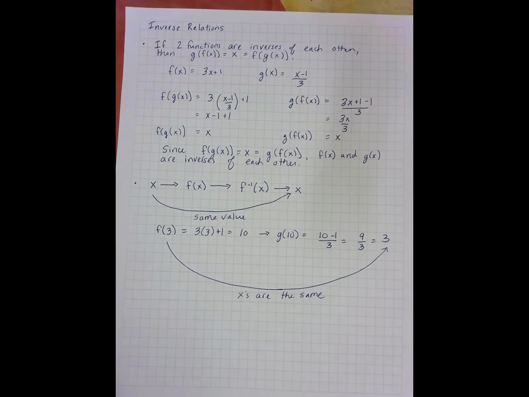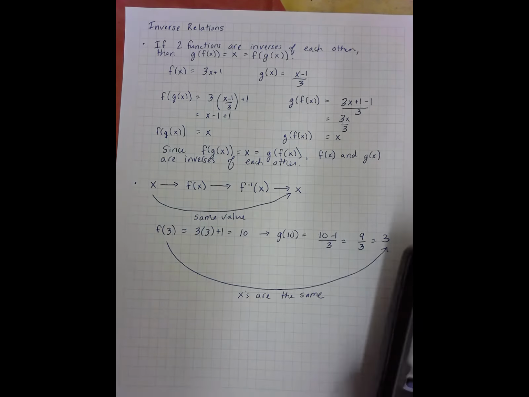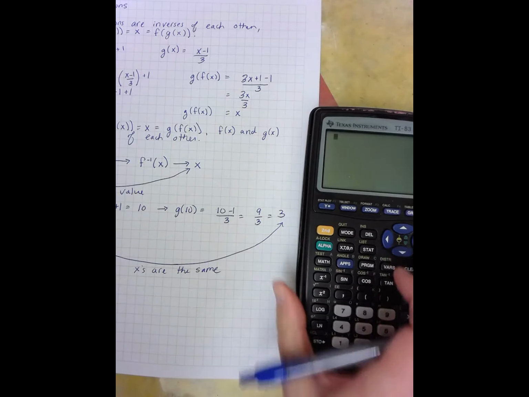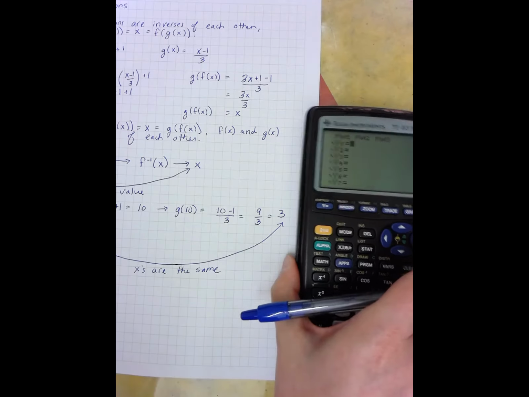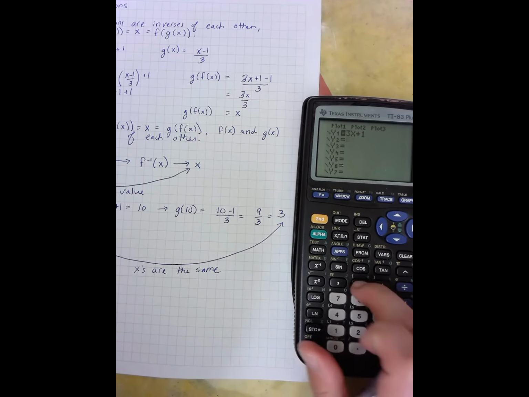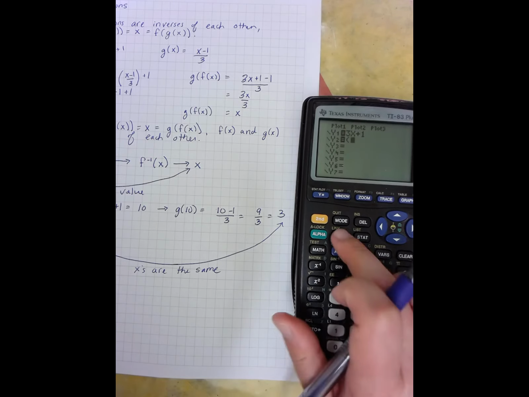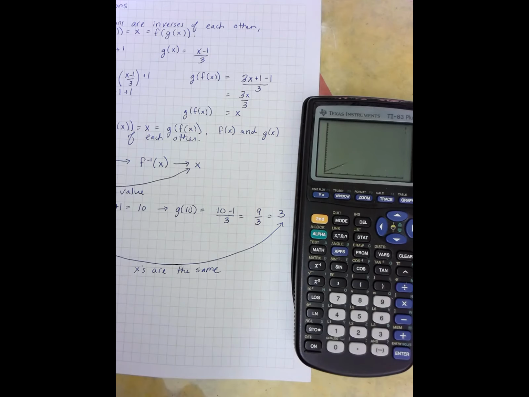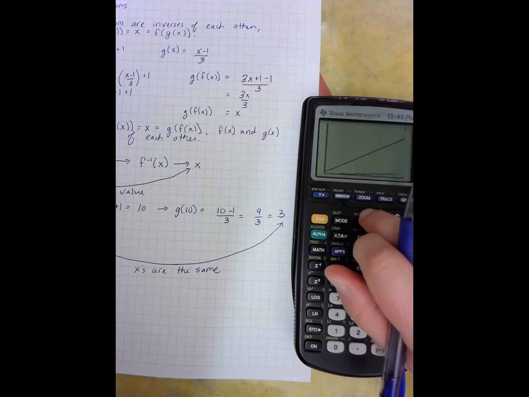The last thing I want to talk about with inverse functions, and this is something that you looked at last year, but I just want to remind you that if I graph these two functions, 3x plus 1 and x minus 1 divided by 3, and I'm going to change my window here because it's a little bit hard to see.